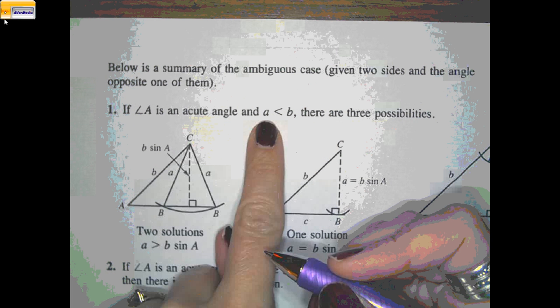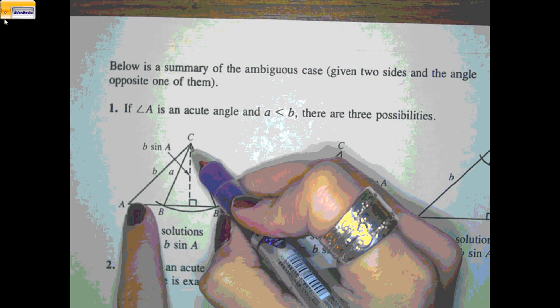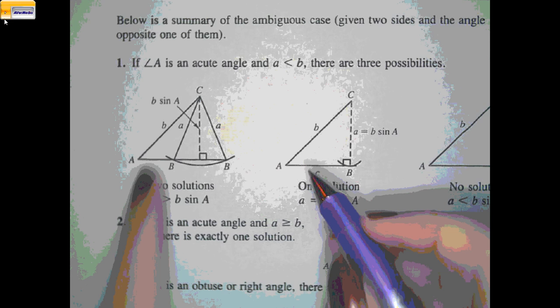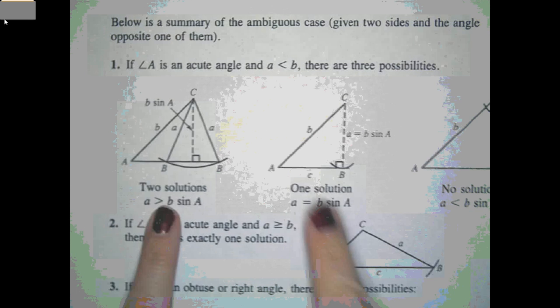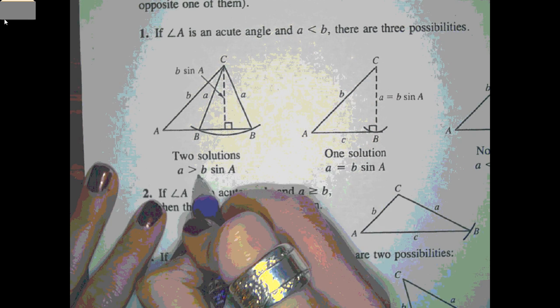and side A is smaller than B, this third side, if it's less than this one, that's the one we just talked about. There are three options. You could have two solutions, one solution, or no solutions. And remember, this B sine A, that means height.